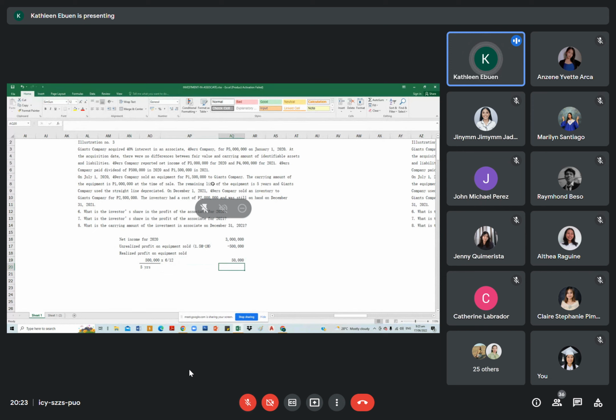Tapos, class, nagkaroon pa ng sale on December 1, 2021, so 49ers company sold an inventory to Giants for 2.8 million. So, hindi naman siya related to 2020 sale. So, therefore, ito lang yung i-account natin for number 6. Magkano yan, class?